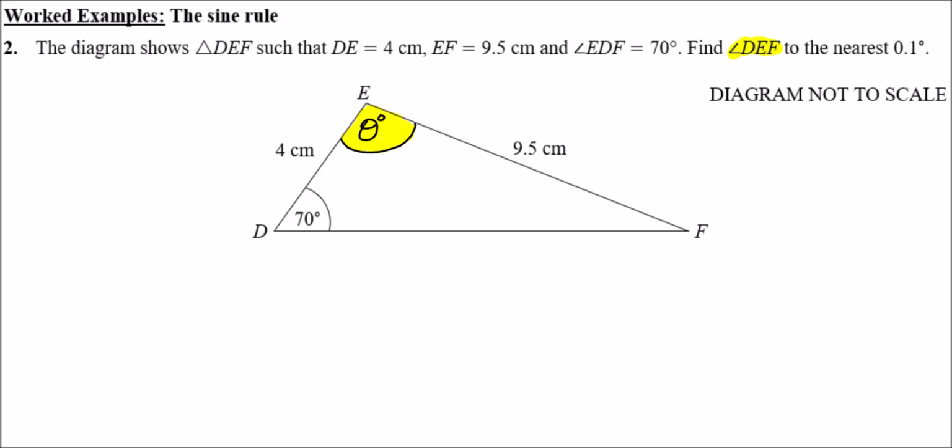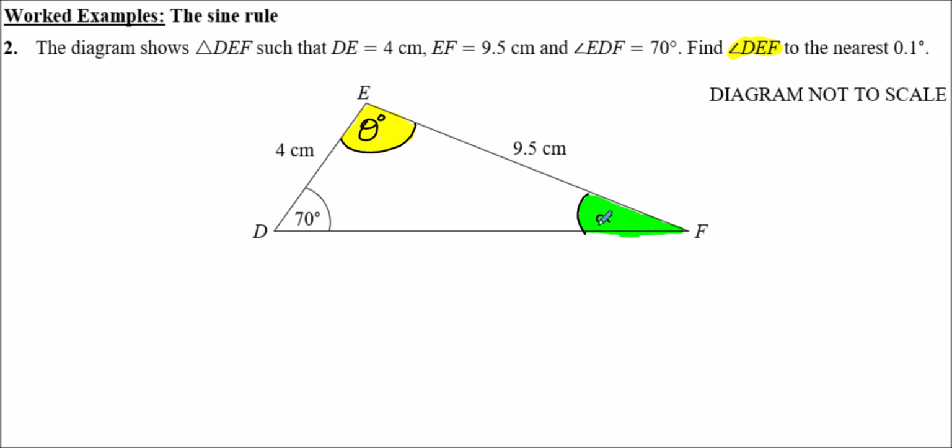Well, we need to just think slightly around this. We know this side here, so what we need to do is to find this angle here, which I'm going to call alpha. Once we've found alpha, we can use the angle sum of a triangle to work out the missing angle theta. So let's do that.